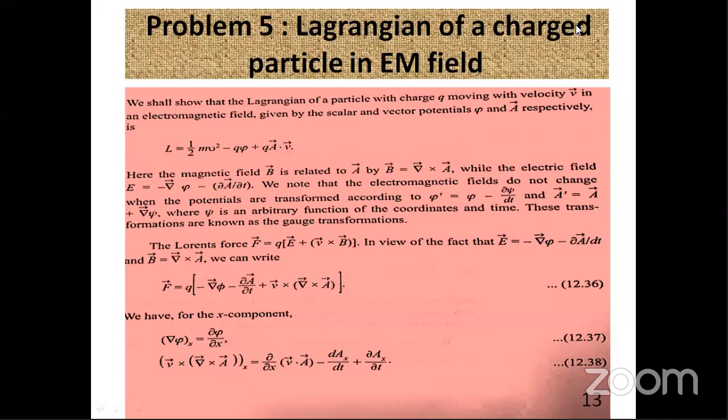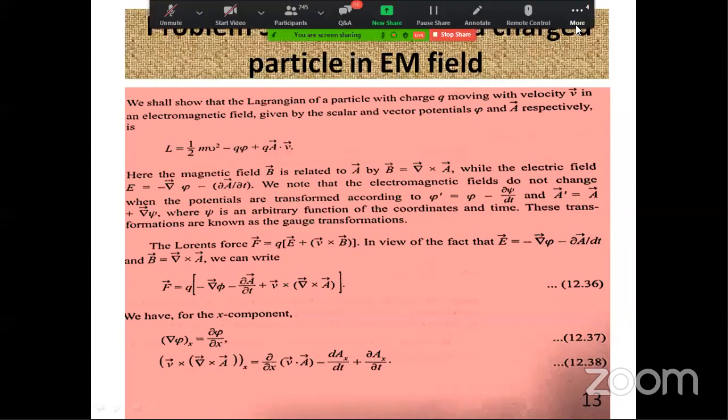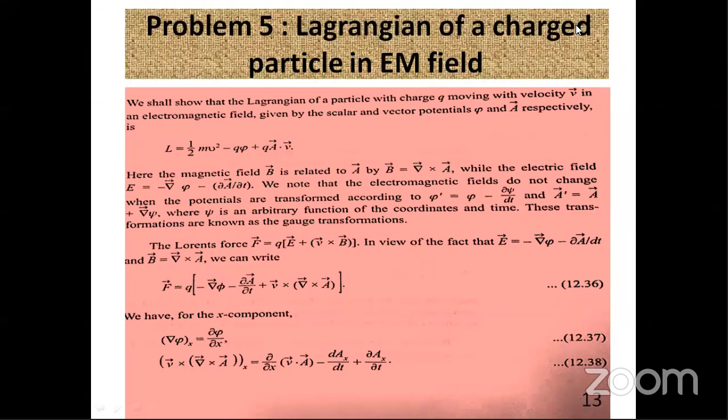That is, if you change phi to phi dash equal to phi minus d psi/dt, where psi is another scalar function, or A to A dash equal to A plus grad of psi, where psi is an arbitrary function of coordinates and time, then nothing happens, because, as we all know, the curl of the gradient of a scalar function is 0. All these are well-known formulas in vector calculus.